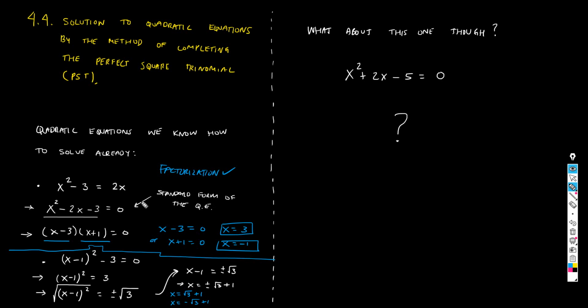We cannot use factorization. We cannot use this other method of taking a square root. And so we need another type of method to solve this more complex type of quadratic equation. That method will be completing the perfect square trinomial, or sometimes known as completing the square.